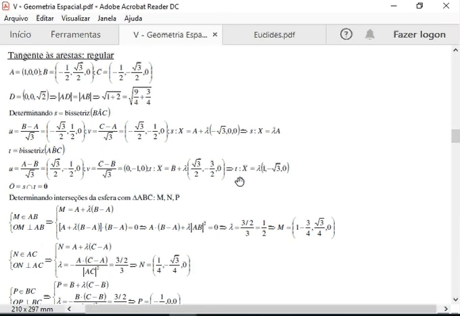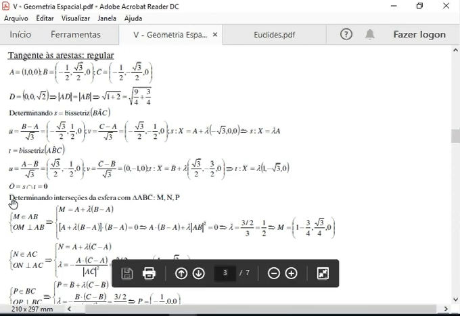Simplifying, this straight line passes through the origin, and its director vector is (1, -√3, 0). The intersection of the two lines S and T is called O, (0, 0, 0). O is 0.